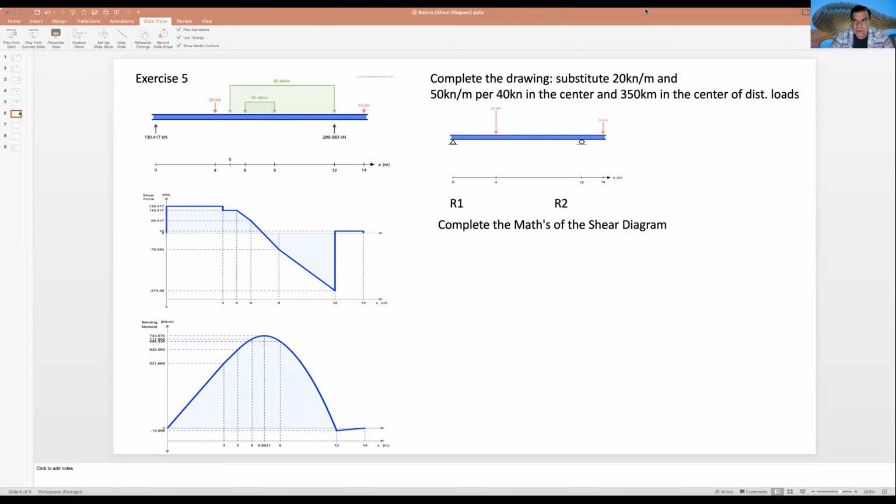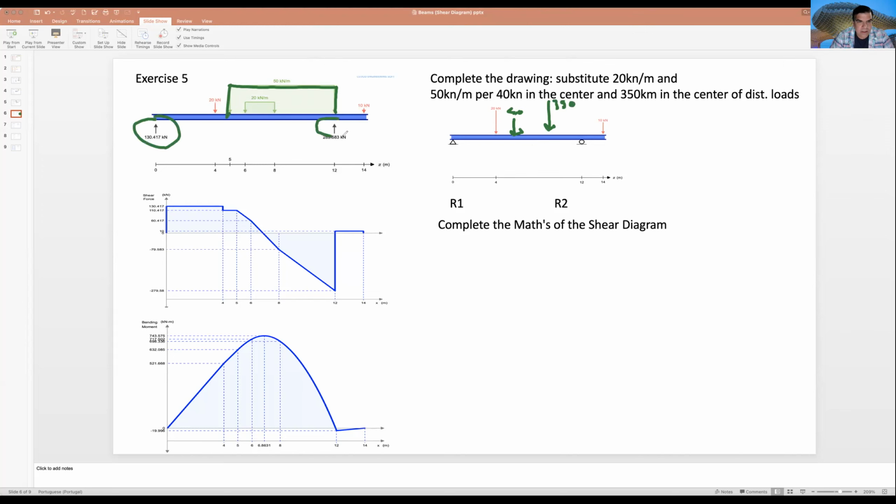Well, you were supposed to write here 40. You were supposed to write here 50 multiplied by this distance, that is 7, that is 350. You do all the calculations, and those are the reactions.